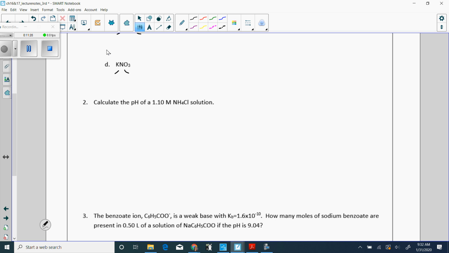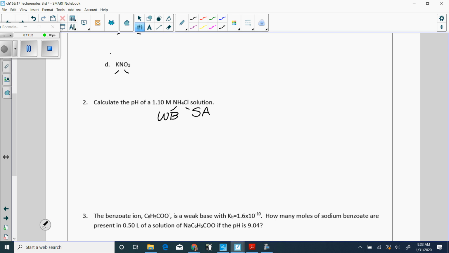Once I'm in the salt category, my next step is to do this. I know HCl, because I've practiced my strong acids, is going to be a strong acid. My NH4 is not a strong base. NH3 is a weak base. Does it really matter if you know the names? No. Not at all.